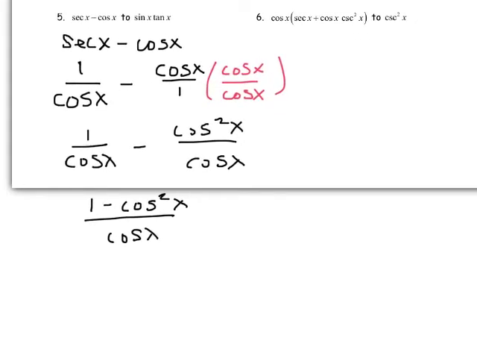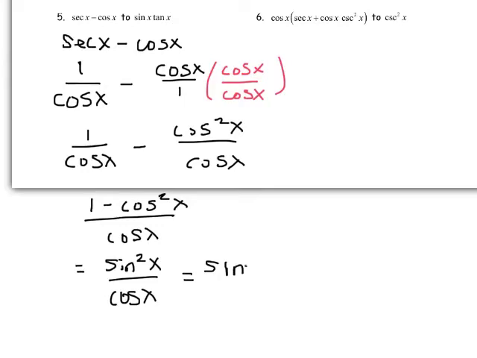All right, so at this point I can say, well, 1 minus cosine squared is a Pythagorean identity you should be familiar with, sine squared over cosine x. So let's break this up, because I think I'm kind of there. I've got a sine, I've got a sine. Tangent is sine over cosine, so let's break that up.